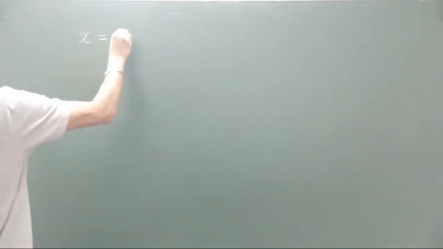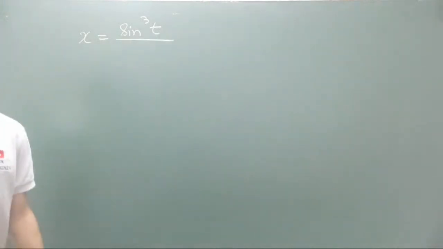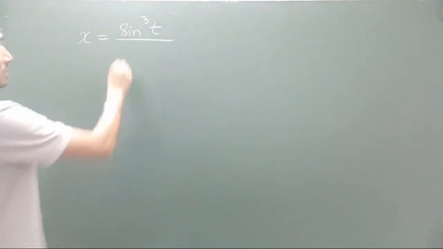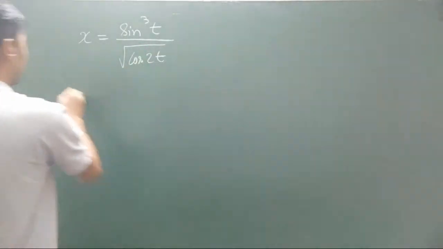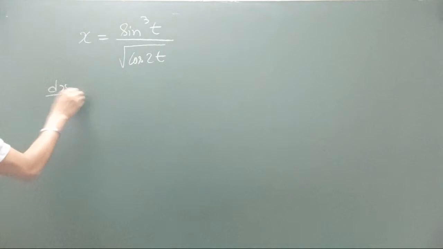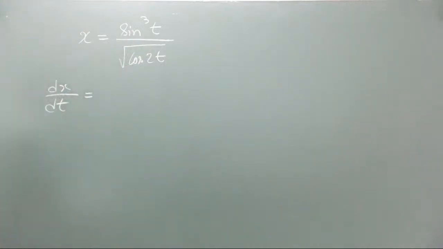So differentiating both x and y with respect to t. So the value of the first function is sine cube t divided by root over of cos 2t. So here when we start differentiating with respect to t, I have just one option, that is I'll have to use now quotient rule of differentiation, that is u upon v.